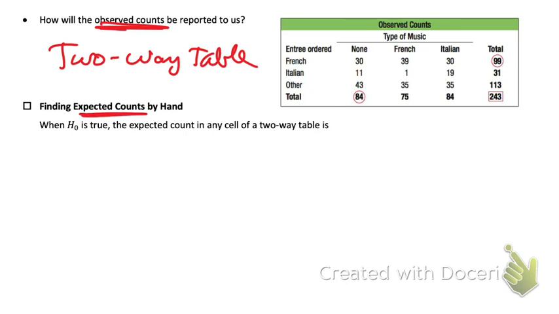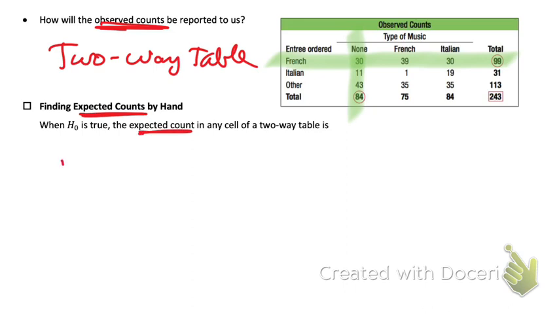Now, the expected counts. In order to get the expected counts, there's a couple ways you can do this. So we know that 30 people ordered French food when there was no music playing, but how many would we expect to order French food when no music is playing in this sample of 243? Here's how you can get the expected counts.